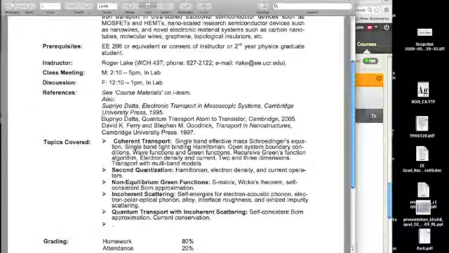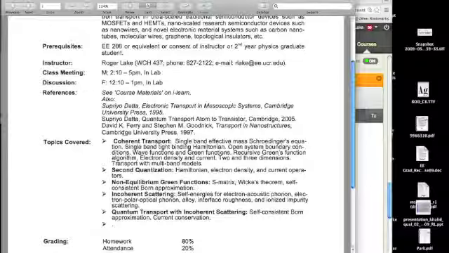I think this was also listed as a reference for the previous course, EE208. And then there's a book by Ferry and Goodnick that also contains good material on non-equilibrium green function theory. So 3 different presentations, if you want a different perspective on the way I'm presenting the material here.